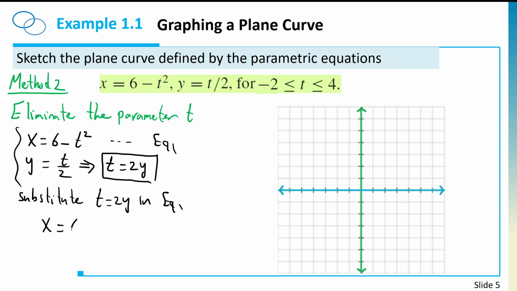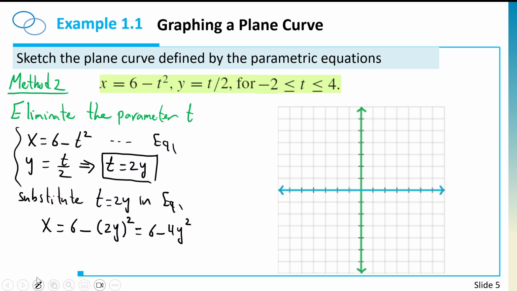x equals 6 minus t squared. Remember, anytime you do substitution, keep the brackets so that you don't make any mistake. So this is 6 minus (2y) squared, which is 4y squared.